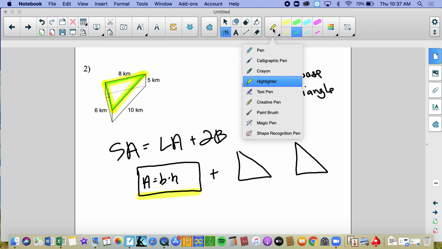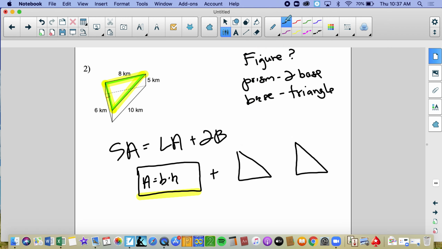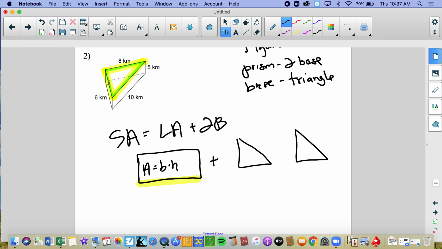So we're going to combine those values for the base of my rectangle. 8 kilometers plus 6 kilometers plus 10 kilometers gives me 24 kilometers as the base of that rectangle.